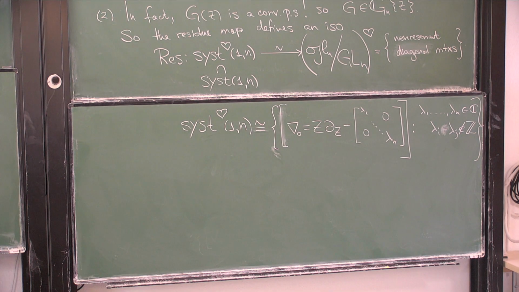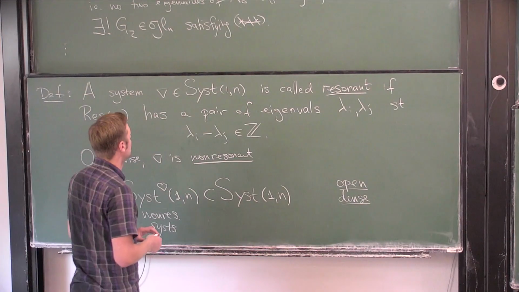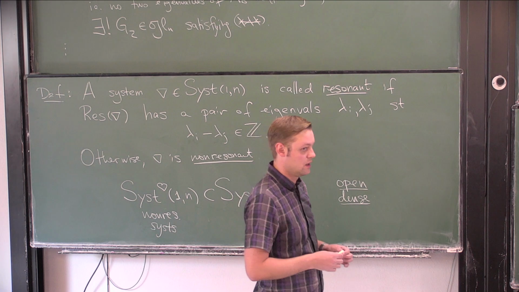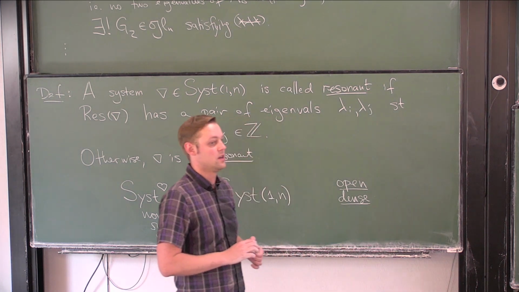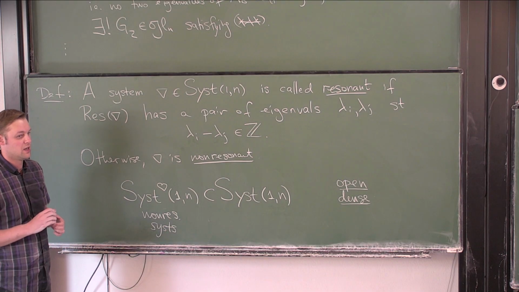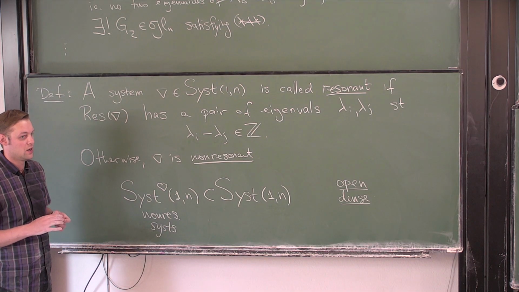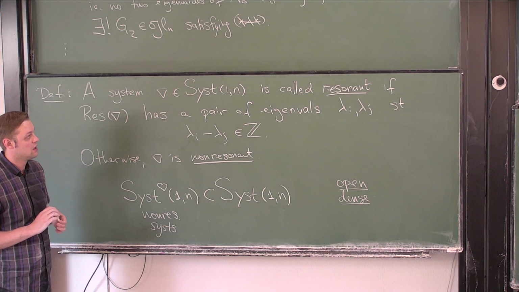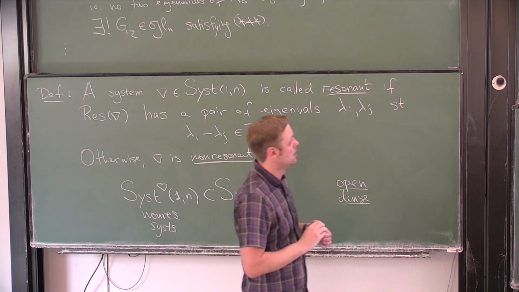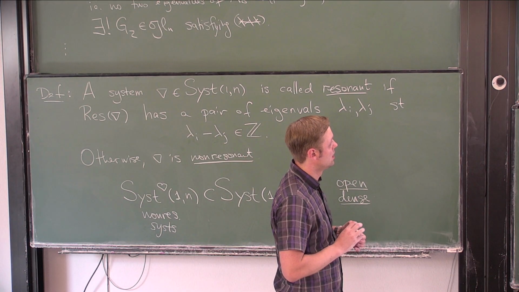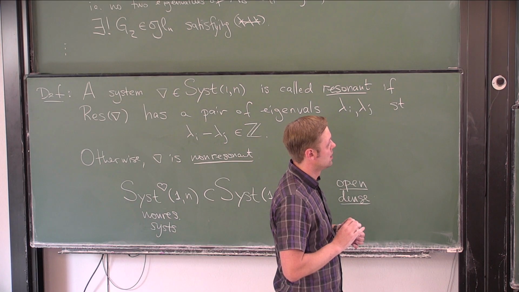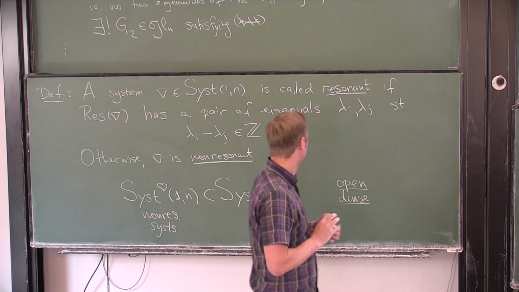Sorry, can you say that again? You made a comment before this definition that because A naught has a finite number of eigenvalues, there will always be a K such that all of the GKs above that. That's right. So is this true then for all systems, or not the diagonal bit, but the first part of this theorem?